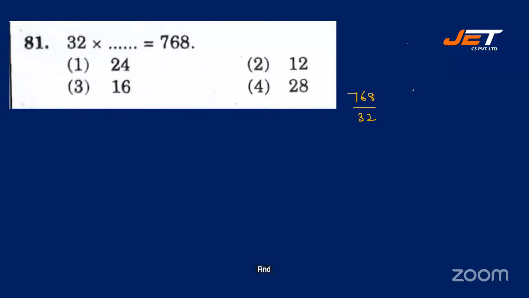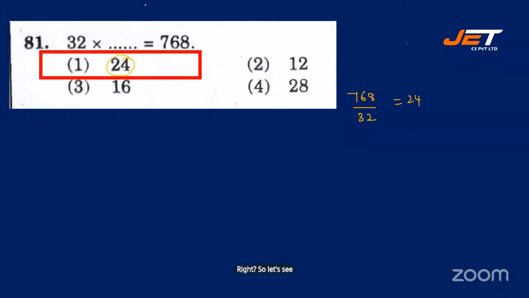It would give me 24. So 32 into 24 should be 768. This is how you find out, isn't it? Without using the calculator. So our option must be 1. Let's see. Yes, it is.